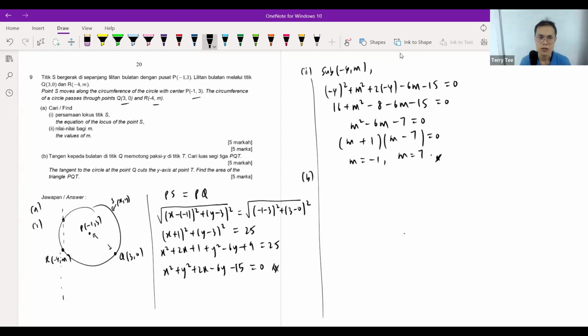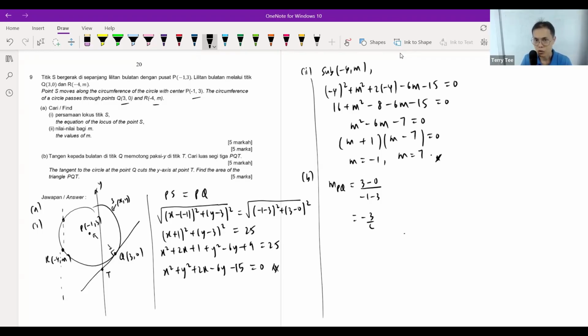Now, next they say the tangent to the circle at Q cuts the y-axis at T. I don't know where the y-axis is, maybe here, right? This is the y-axis, this is T. Okay, when a line is a tangent to a circle, the line is perpendicular to the radius at the center of the circle. So we start by finding gradient PQ, which is (3 minus 0) over (minus 1 minus 3).